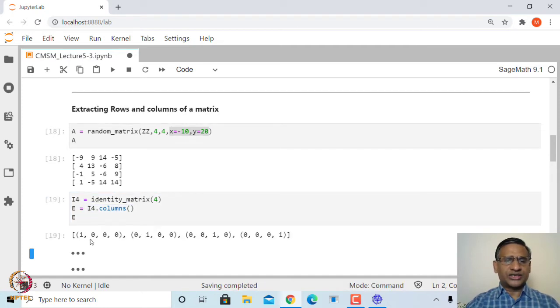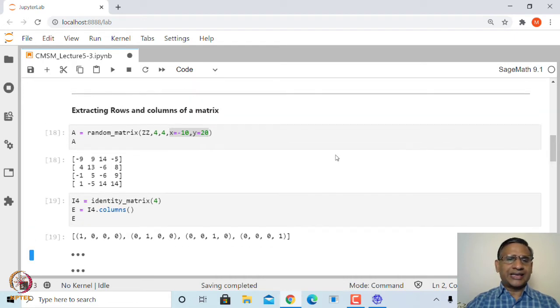So the first column vector, generally written as E1, is 1 0 0 0, the second, E2, is 0 1 0 0, and so on. In general, Ei is the ith unit vector along the coordinate xi. Now let us see what happens.